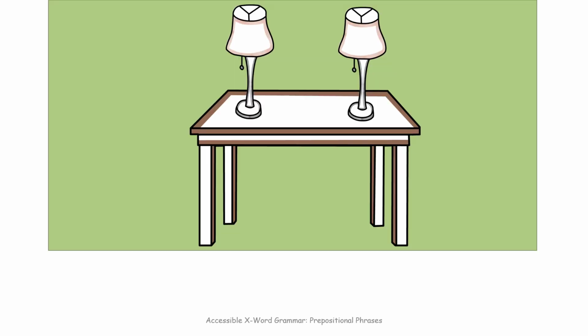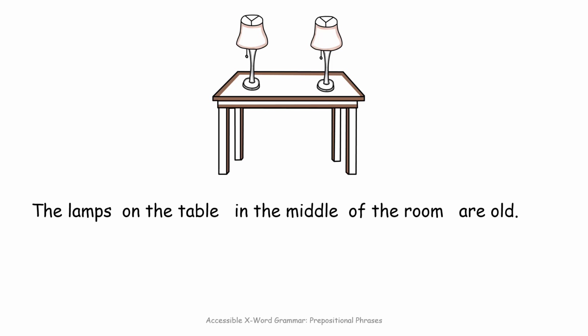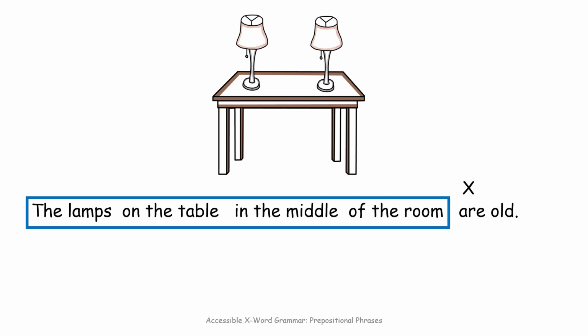There can be more than one prepositional phrase in a noun box. The lamps on the table in the middle of the room are old. This is a long sentence with more than one noun. Where is the main noun? If you cross out the prepositional phrases, you will find it. Always start with the X word, then box the subject.